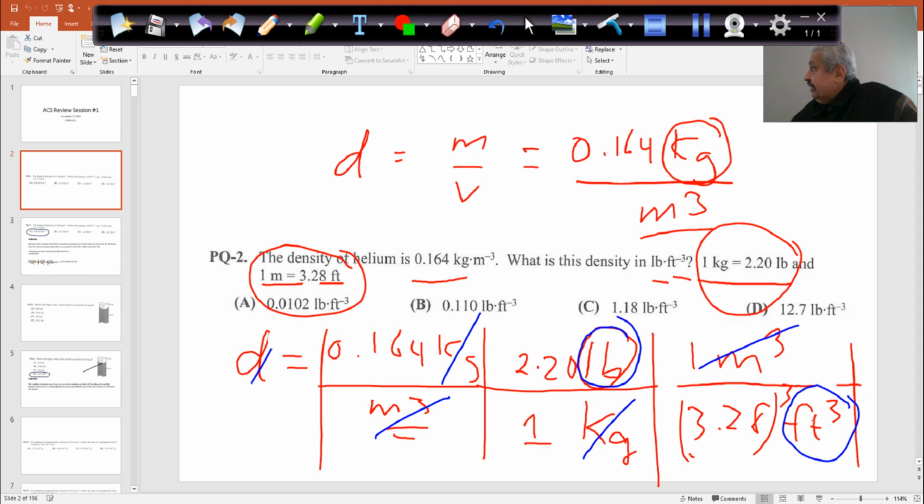So you set it up, and then you make all your calculations here. Multiply this by this, divided by this 3.28 to the cube, correct? I'm not going through the calculations, but does everybody have it? What option is the correct answer? Everybody has it?